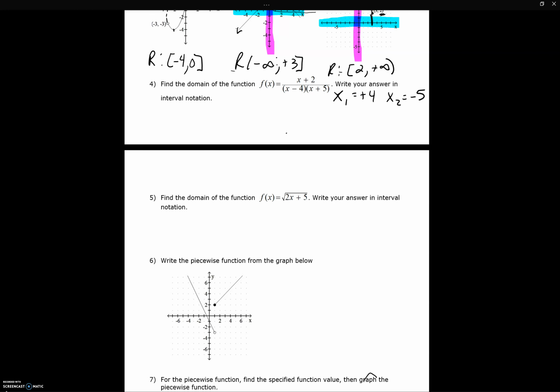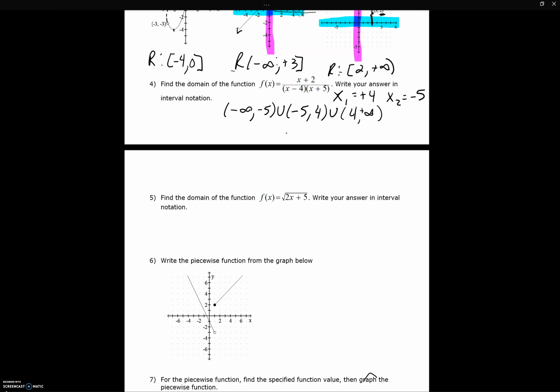Both of those things are going to make this function cease to exist right there, but it can be every other number. So to write that in interval notation, you have from -infinity to the smaller number, -5, union, there's going to be 3 of these, union -5 to +4, union 4 to +infinity.